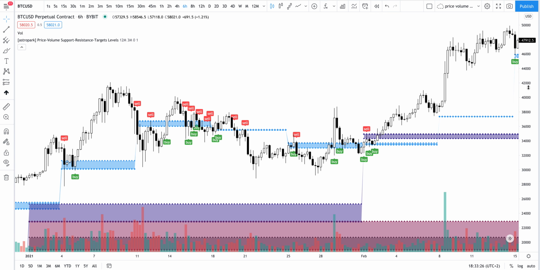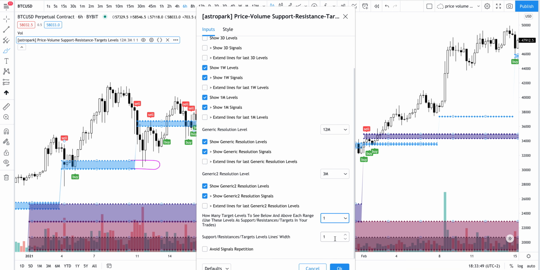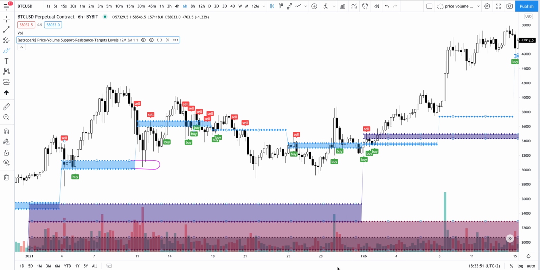So a lot of signals, which were good, by the way. I also use, for example, the previous zone as target. It's always very good. But let's check, for example, the one level. Let's see what we get.